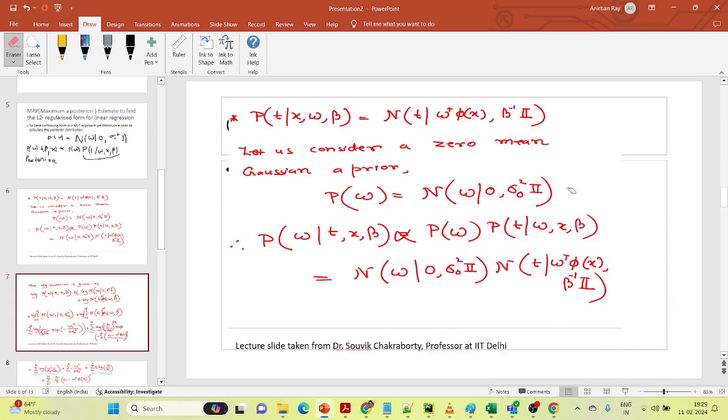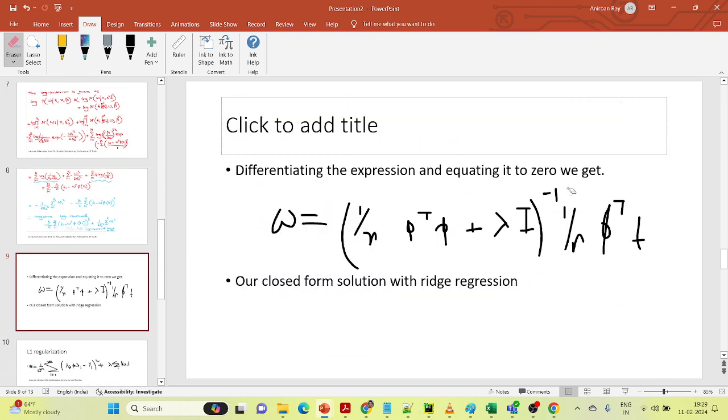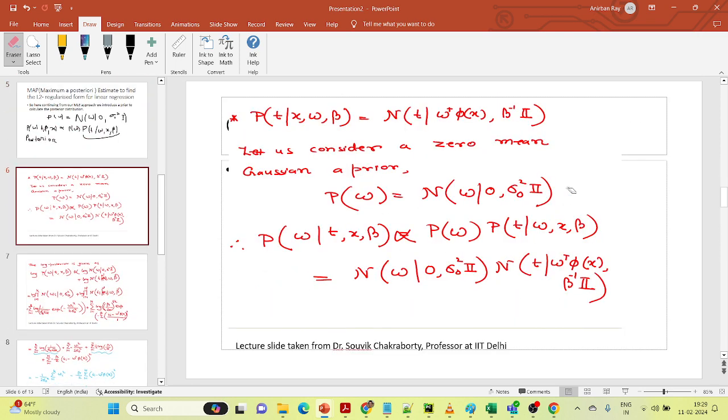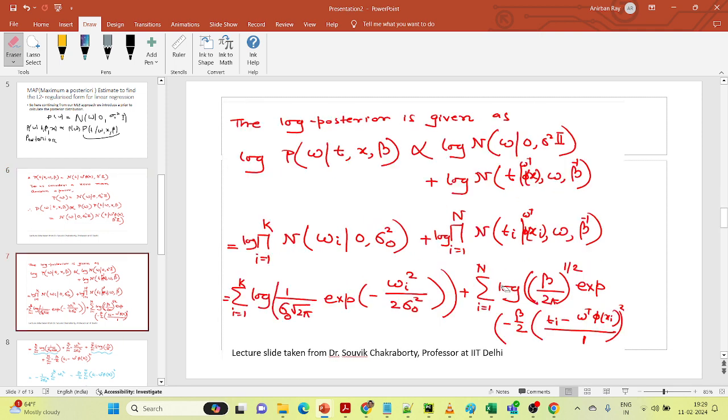These next three slides, as I was short of time, I took from another professor at IIT Delhi. The idea is very similar: prior times likelihood, and after that we take the log of that. It's the same thing that we have done.